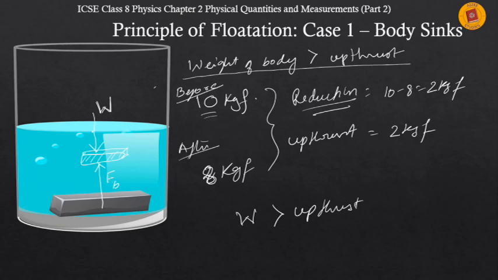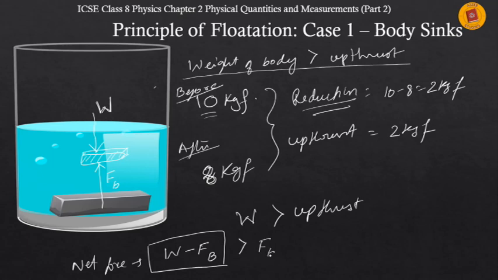If so, what is the net force on this body and in which direction? If W is greater than Fb, the net force will be W minus Fb, and since the net force is downwards, the body will sink down.